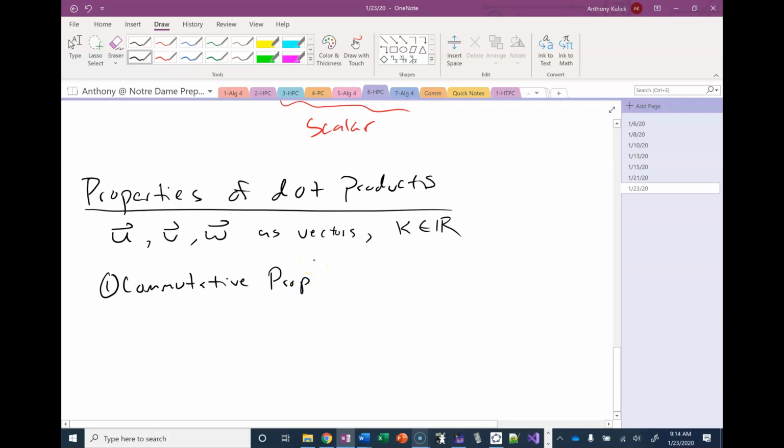So the first thing is we have a commutative property. What the commutative property says is that you can do the dot product in either order. So u dot v is the same as v dot u. That's convenient.